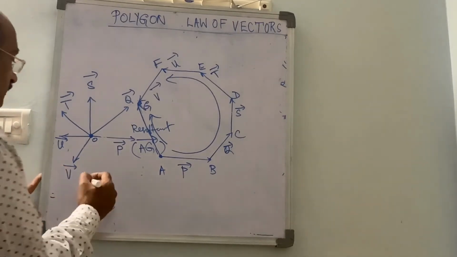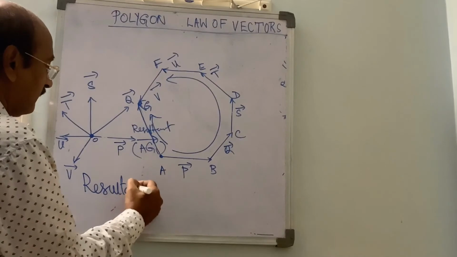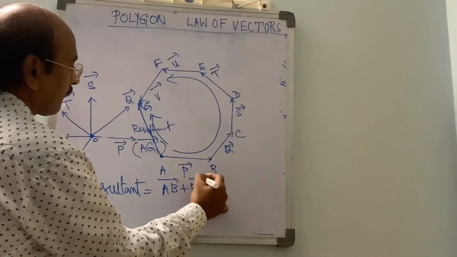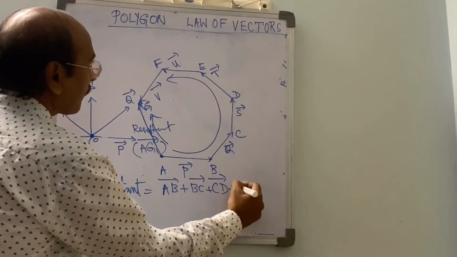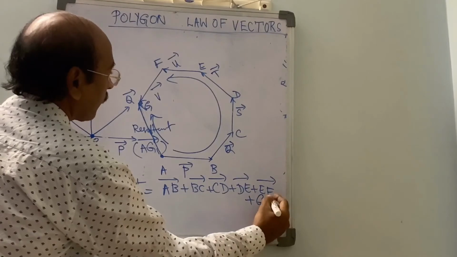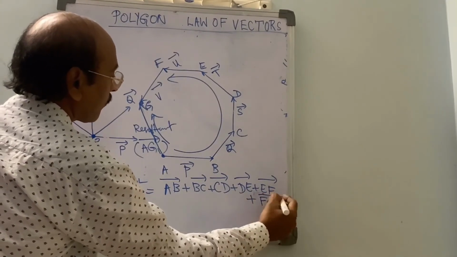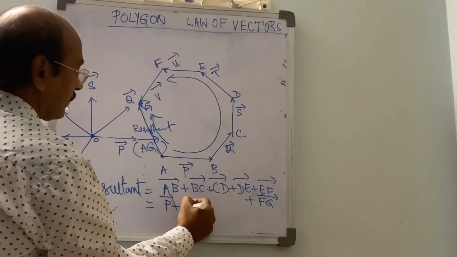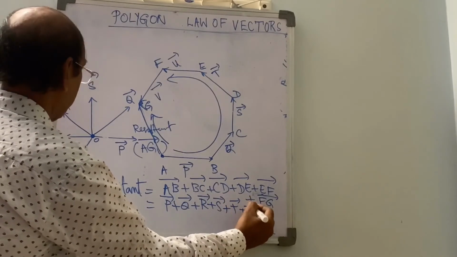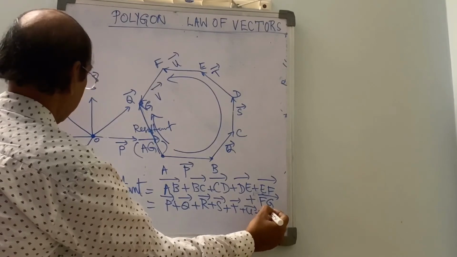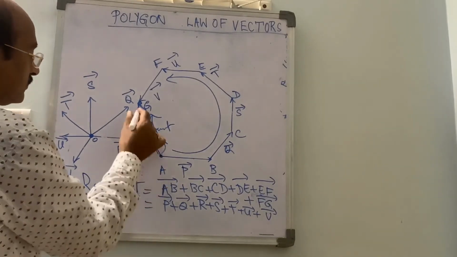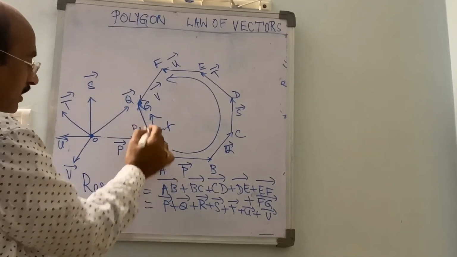So the resultant is represented by the closing side of the polygon taken in the reverse order.